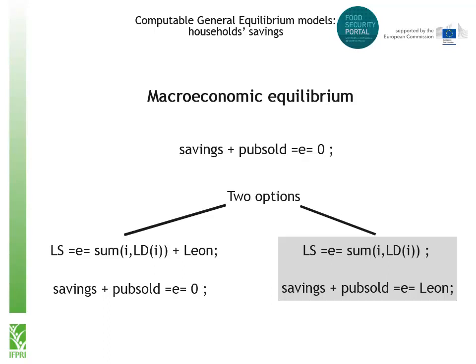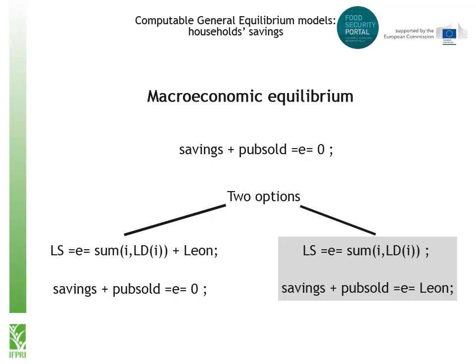But there is a second option, which is we do not have the Léon variable within the labor market equilibrium, which is LS is equal to the sum over i of labor demand in sector i, and we put the Léon variable within the macroeconomic equilibrium, which becomes savings plus public balance is equal to Léon.